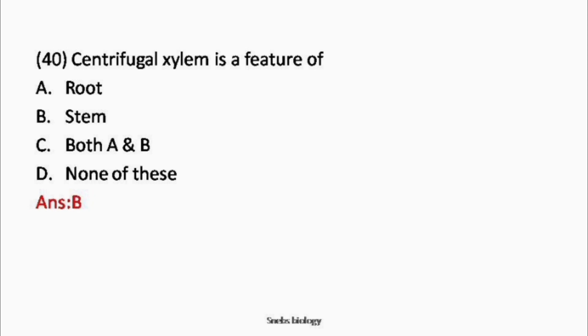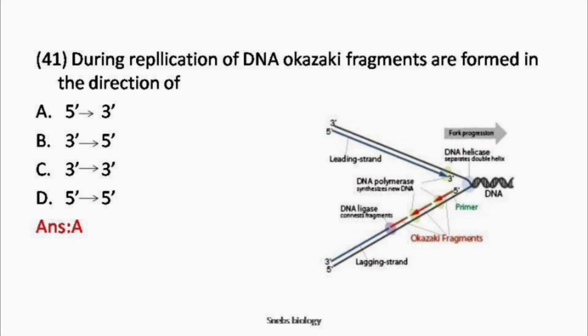Next question is question number 41. During replication of DNA, Okazaki fragments are formed in the direction of option A, 5' to 3'. Option B, 3' to 5'. Option C, 3' to 3' and option D, 5' to 3'.